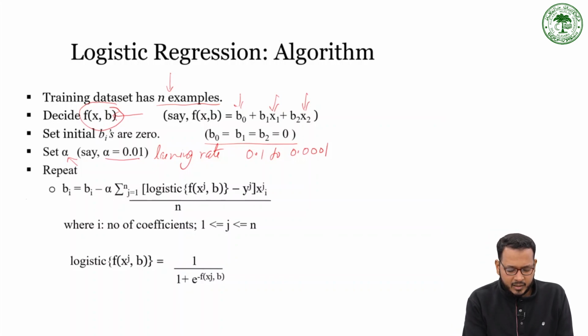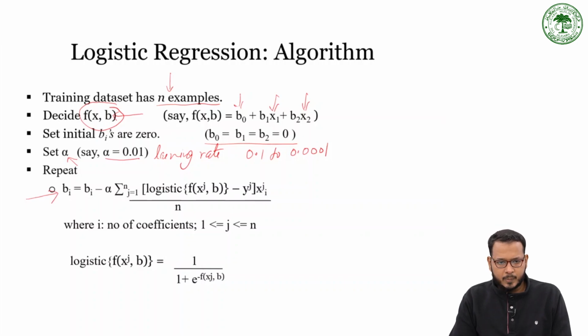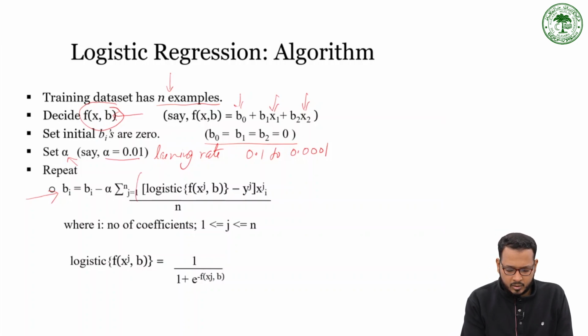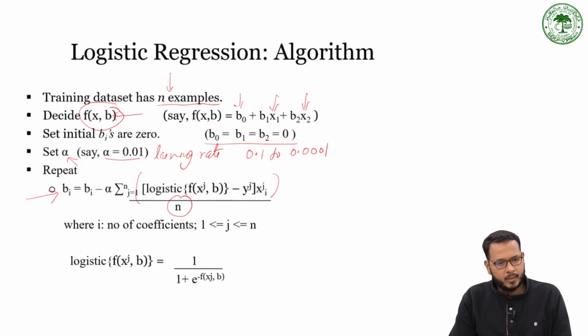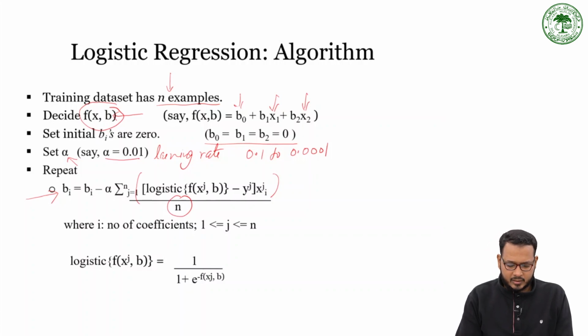And this is the main updation rule to change the values of bi's. bi is equal to bi minus alpha times the summation of this whole expression divided by n. It is important to note here that i represents the number of coefficients.